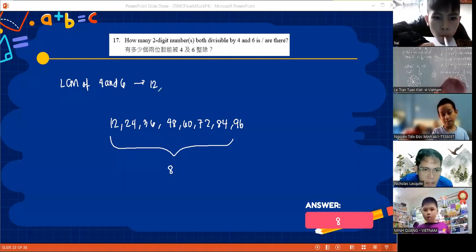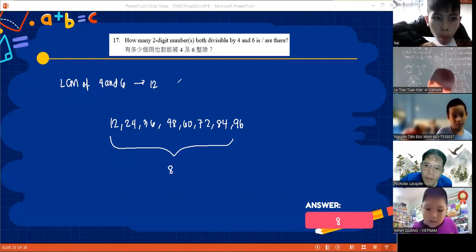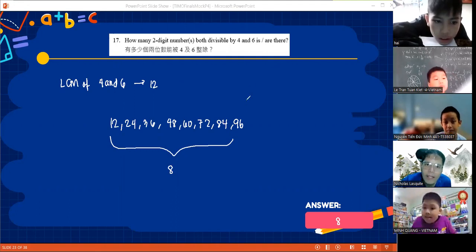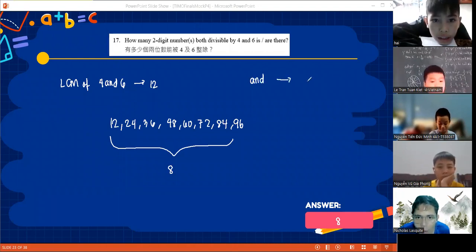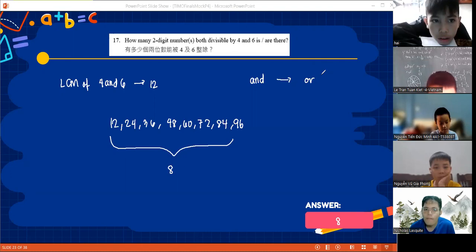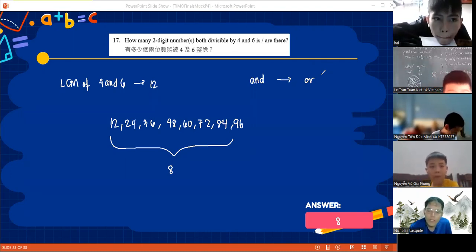This is very easy, right? But what you need to remember here is the word and or or. Because this one here is and, the other one could be or. When you say or, it should be either divisible by 4 or 6. So it can be divisible by 4, it can also be divisible by 6.